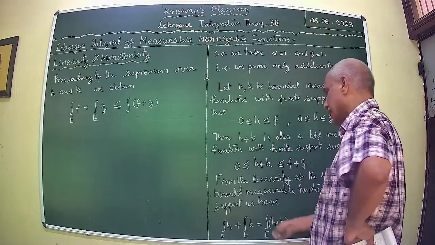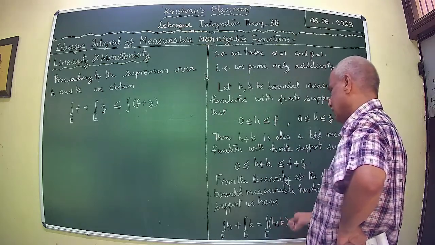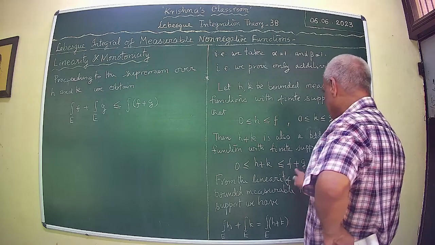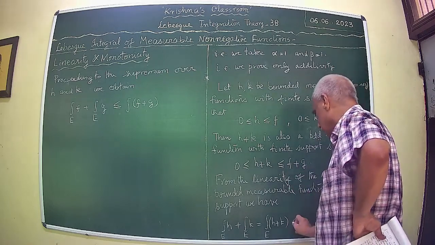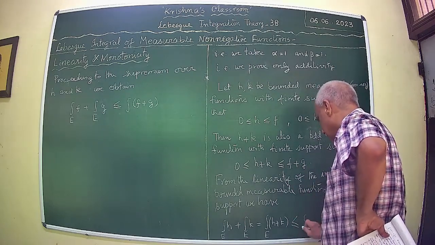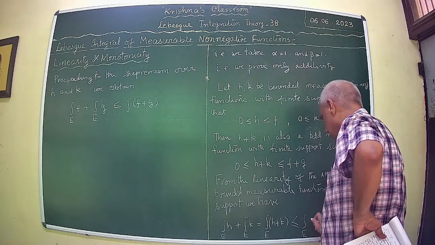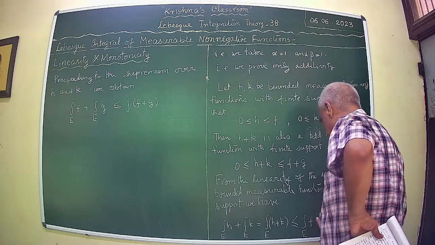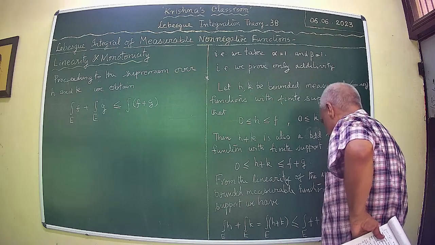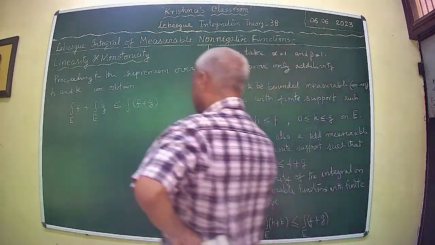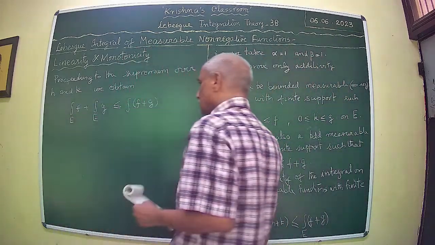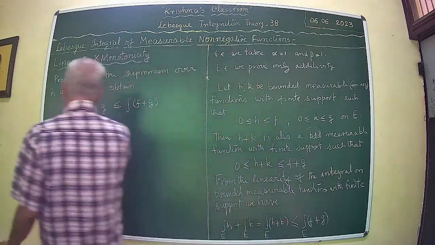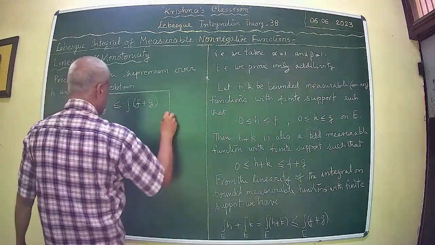Now h plus k is the class that we are working on, and that automatically leads to this one. So that completes one inequality. So we save this.